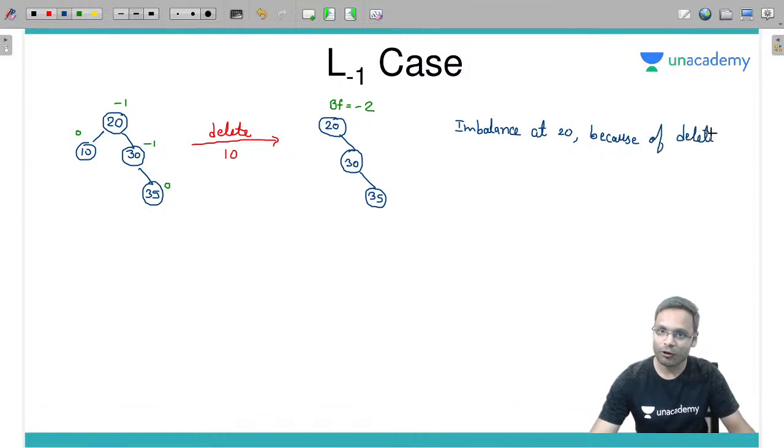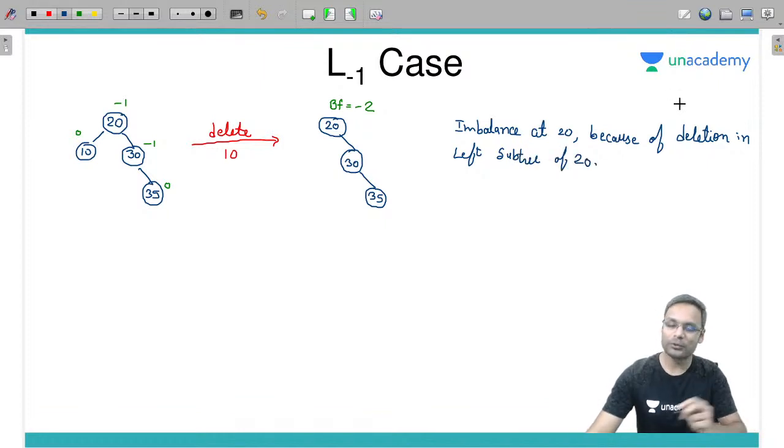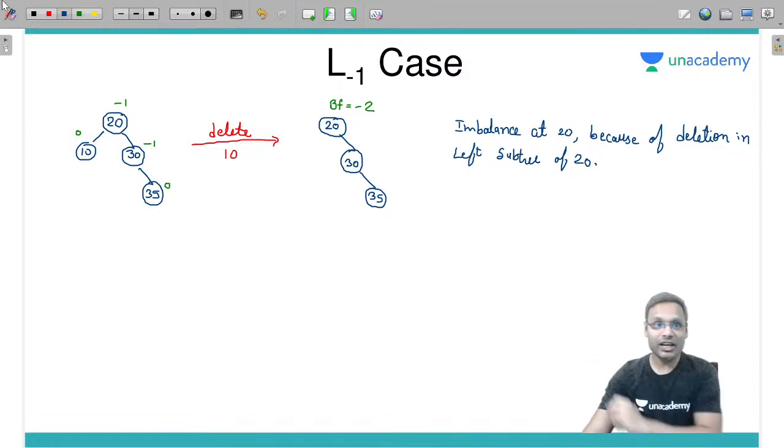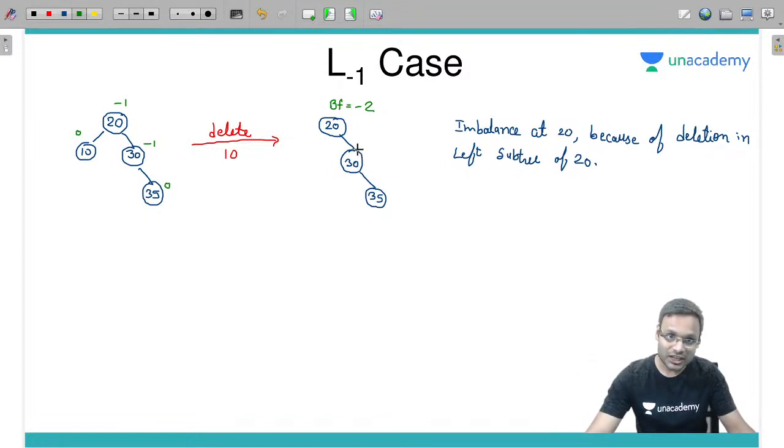In which side of 20? In the left subtree of 20. If we are deleting in the left subtree of 20, check out the right child's balance factor. 20 के right child का balance factor, 30 का balance factor is what? Balance factor here is 0 minus 1, which is minus 1.